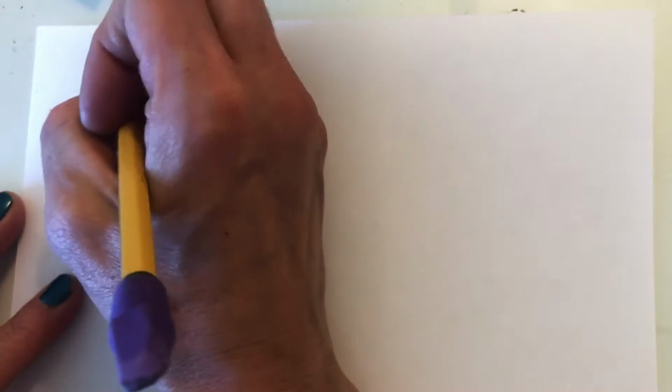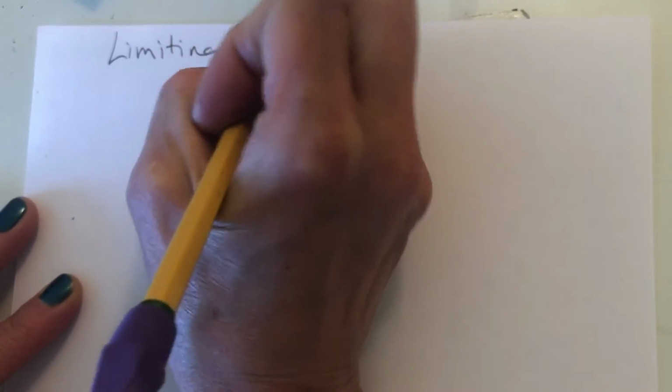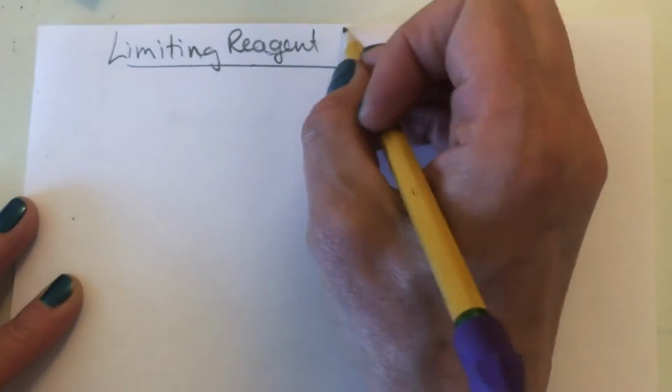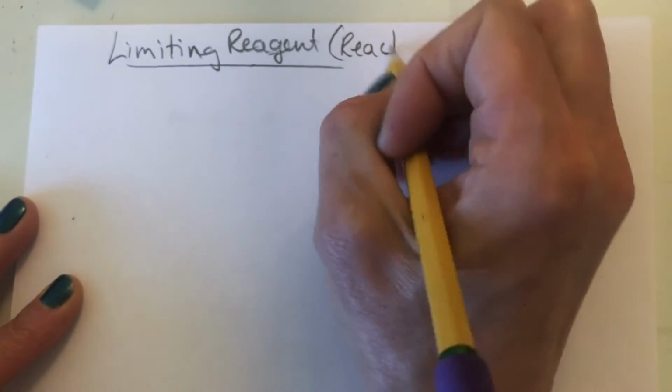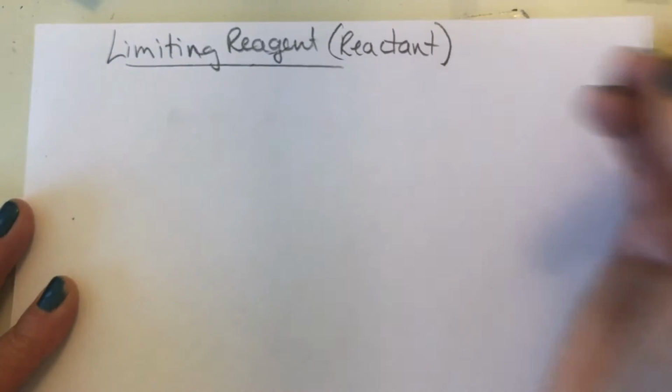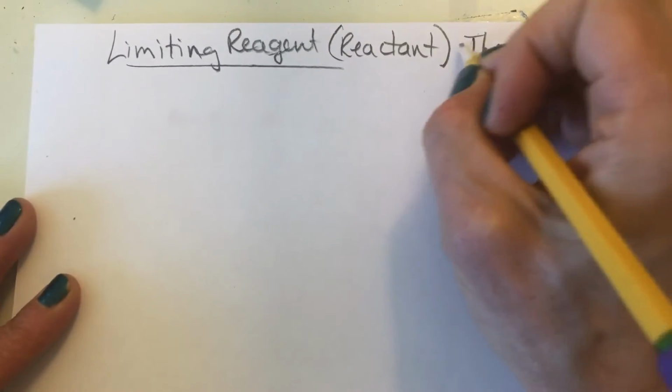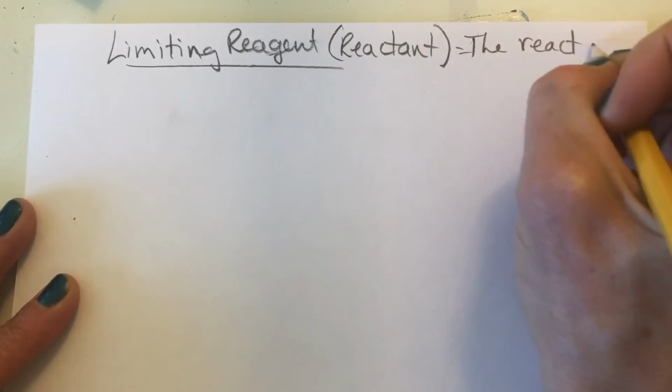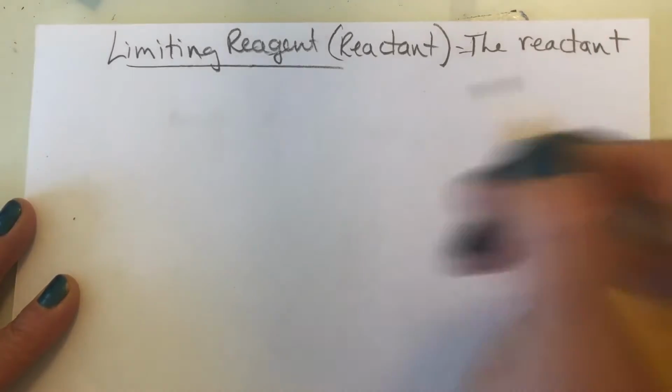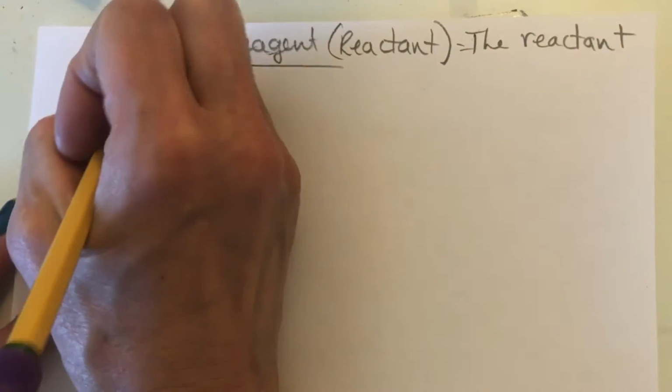Okay, so what is a limiting reagent? It could also be called a limiting reactant, by the way. All right, simple definition: it's the reactant that gets used up first.